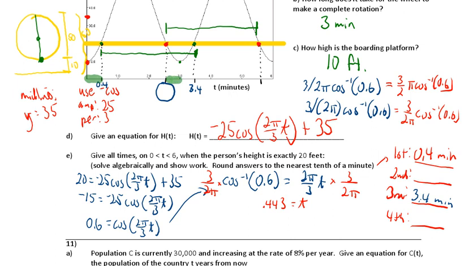Oh, 2.6. Yep. So if this takes 0.4 seconds to get from 10 feet to 20 feet, then it's going to take 0.4 seconds to get from 20 feet down to 10 feet. And 3 minus 0.4 is going to be 2.6.